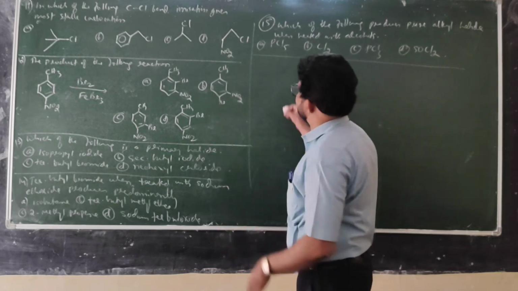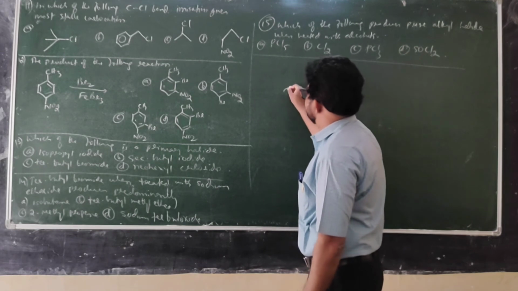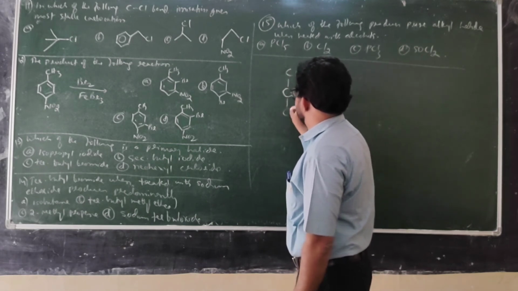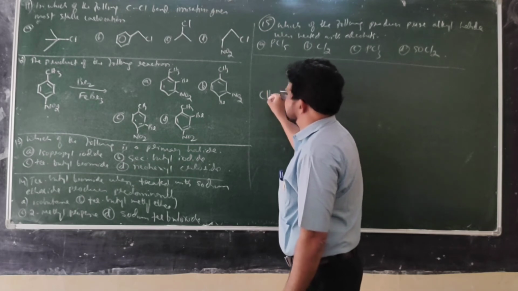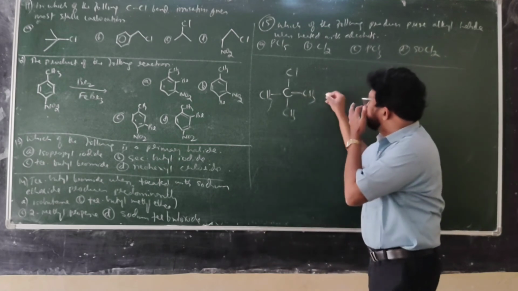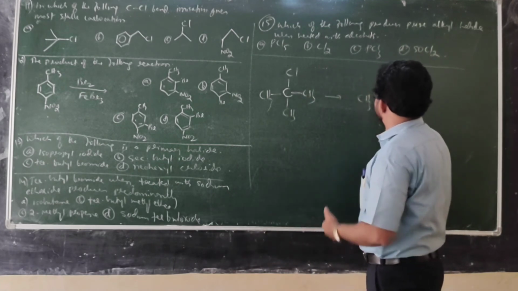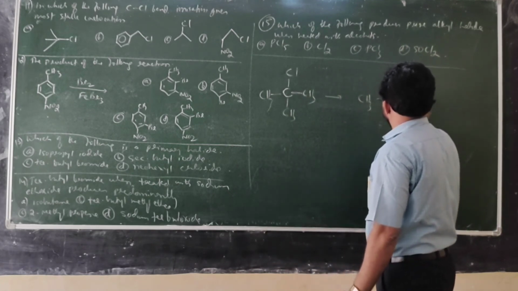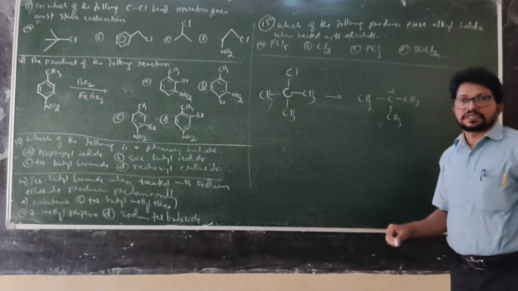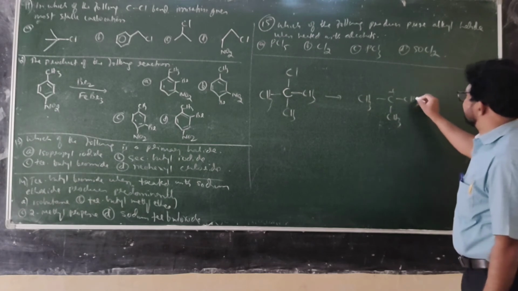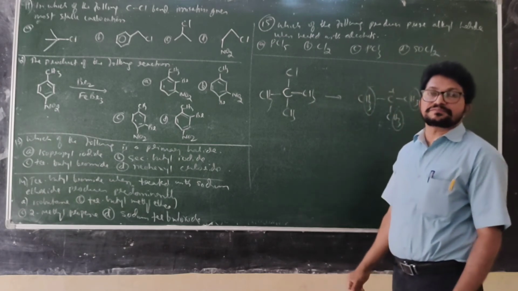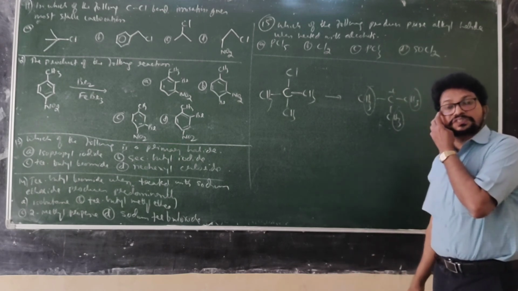The first one, I write it in this fashion: Cl, CH3, CH3, CH3. If you ionize this, it is CH3, C plus, CH3, CH3, the tertiary butyl carbocation. It is stabilized by hyperconjugation with 3 plus 3 plus 3, 9 hydrogens. So it is most stable.